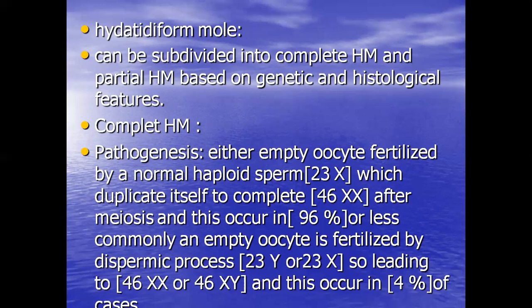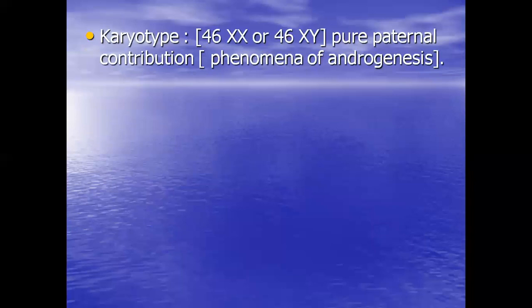Less commonly, an empty oocyte, empty of genetic material, is fertilized by a dispermic process, 23Y or 23X, leading to 46XX or 46XY, and this occurs in a minority of cases, 4%. Karyotype: the karyotype is 46XX or 46XY, and here there is pure paternal contribution.